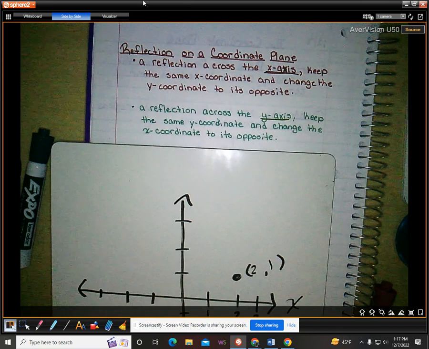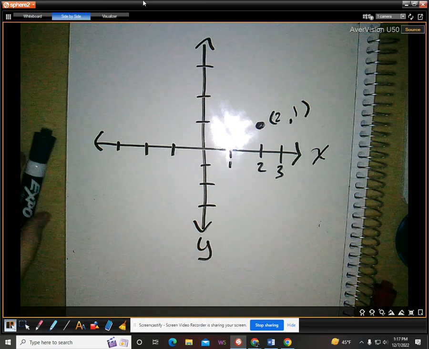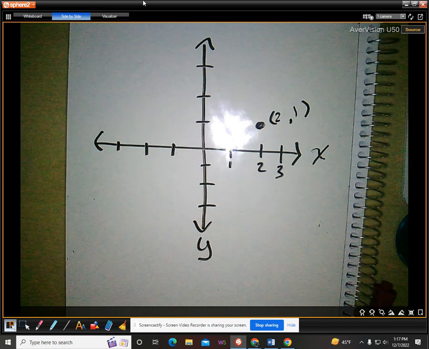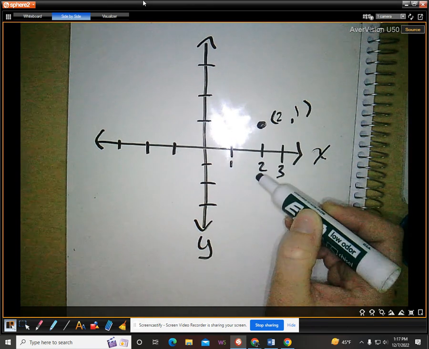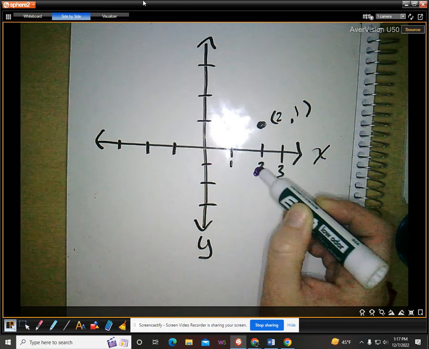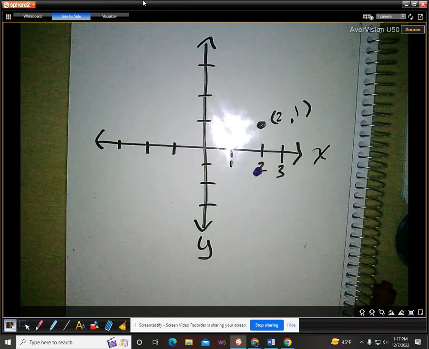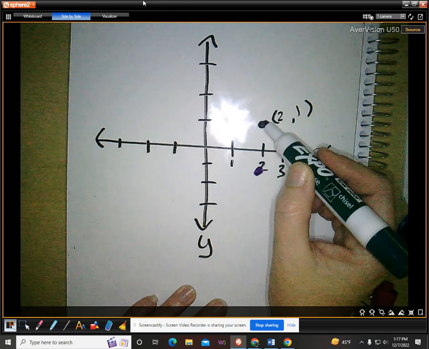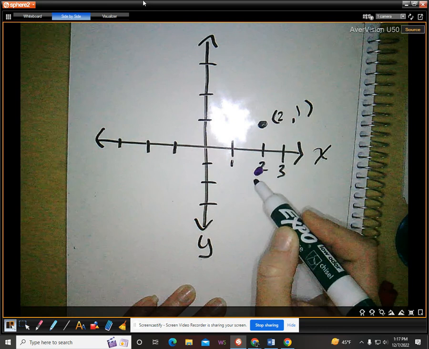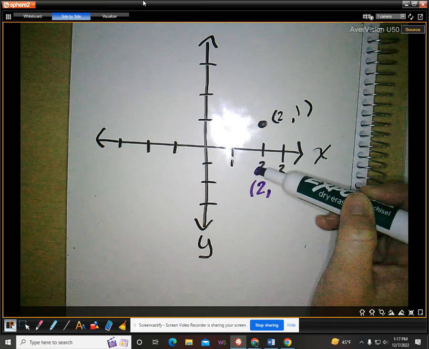So first I talked about reflecting across the x-axis. If we reflect that dot across the x-axis, that means I'm taking this dot and rolling it right across the x-axis, and it would end up about here. This is why what you just wrote down: when you reflect something across the x-axis, the x value stays the same because it is still at 2.